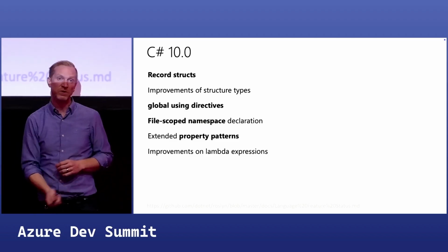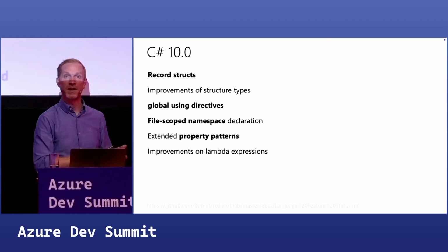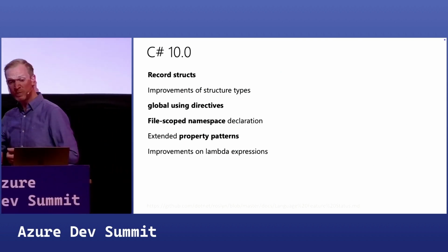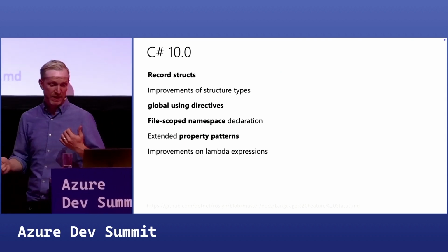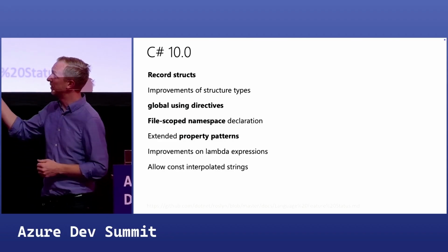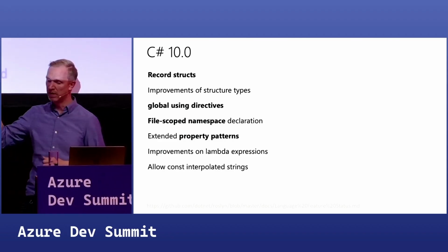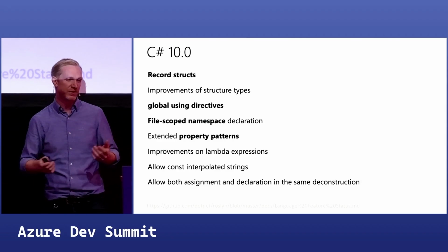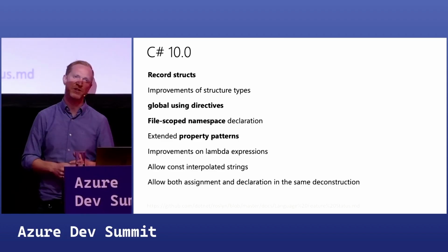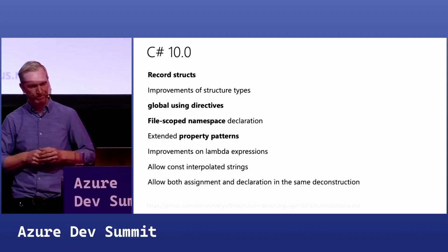So there are some improvements of lambda expressions as well. For example, we can now use attributes in our lambdas, and they're inferring the delegate types. I'm going to show you an example of that as well. We can do constants in interpolated strings. And there's a few more things in C# 10 that were quite interesting as well.